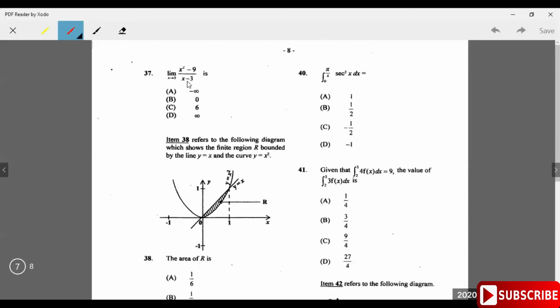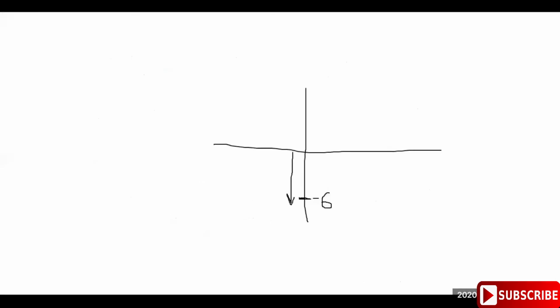So you cannot do that. So what you're going to have to do is use the factorization principle to do this question. So we have the limit as x goes to 3 of x squared minus 9 over x minus 3.